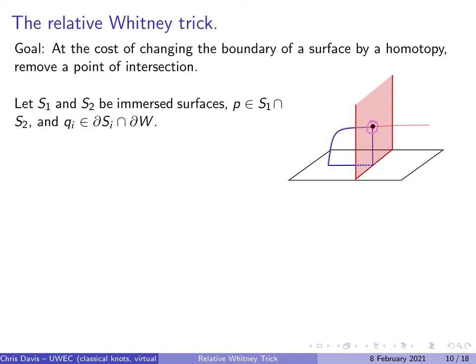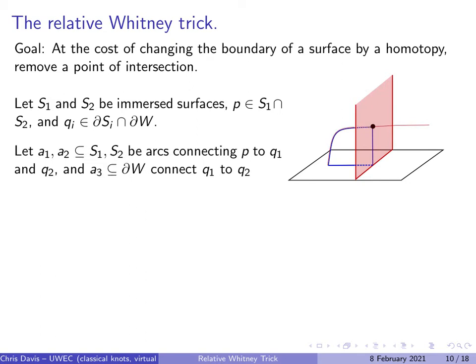There's S1, and S2 is supposed to be this surface. Let's suppose those intersect at this point P. Let's pick a point Q1 in the intersection of the boundary of S1 with the boundary of W, and Q2, a point in the intersection of the boundary of S2 with the boundary of the four-manifold W.